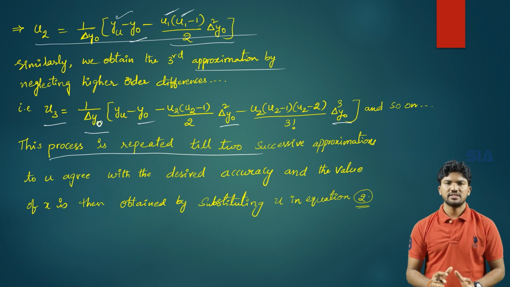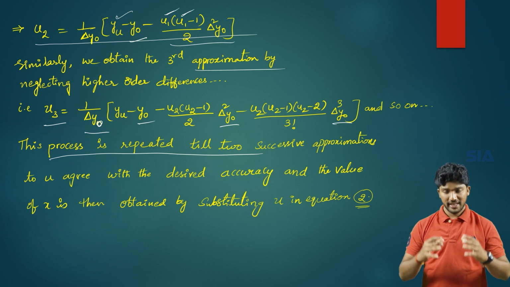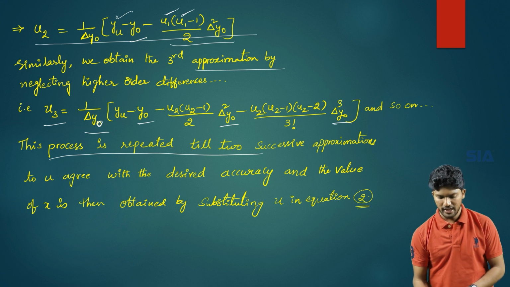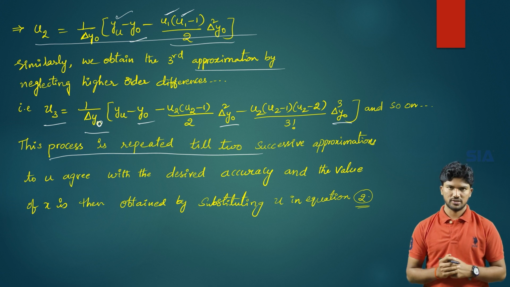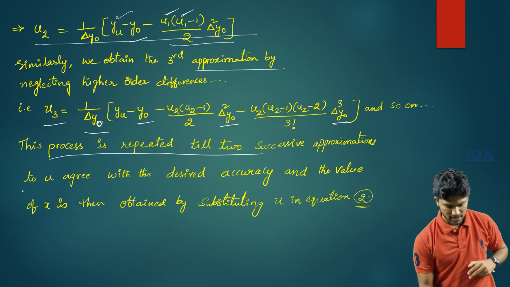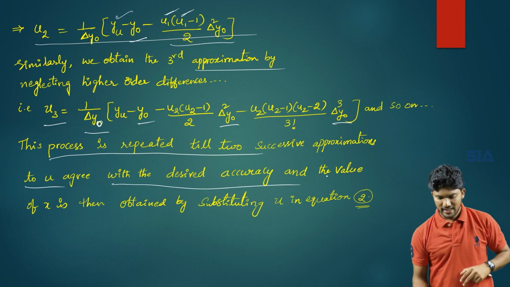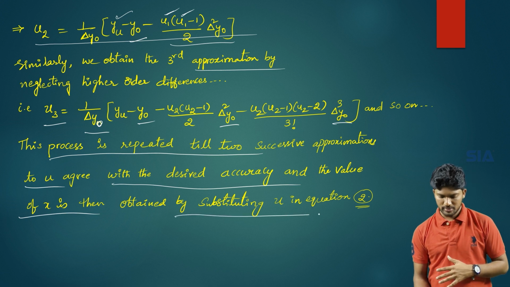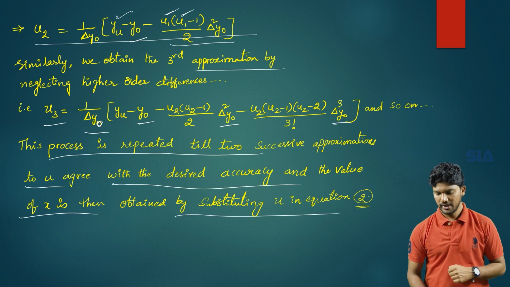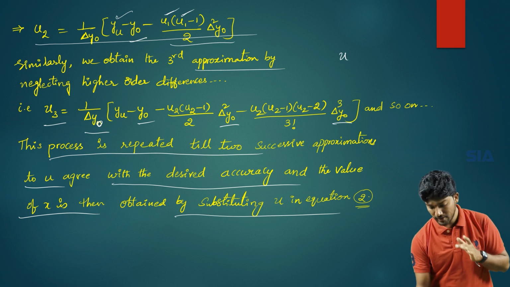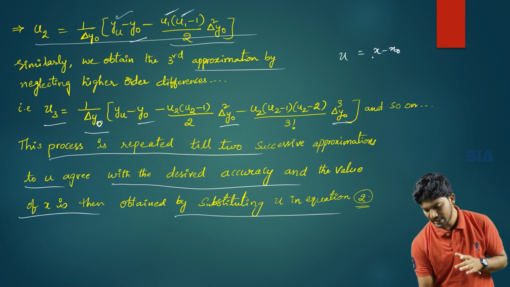After deriving this general proof, when solving a problem, how do we know how many approximations to make? This process is repeated till two successive approximations, u1, u2, u3, u4, of u agree with the desired accuracy, and the value of small x is then obtained by substituting small u in the equation. So first we get the u value. From the u value, how do we get x? We have u is equal to x minus x naught by h.